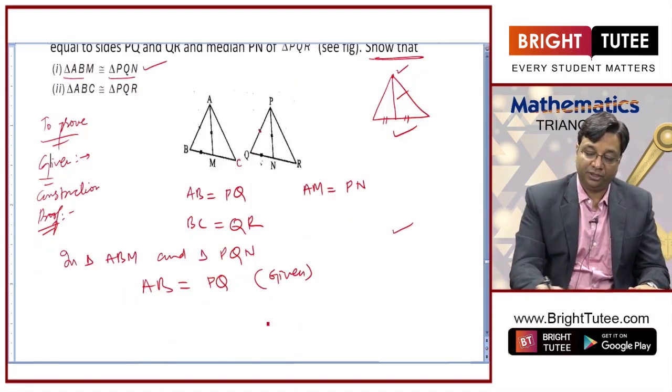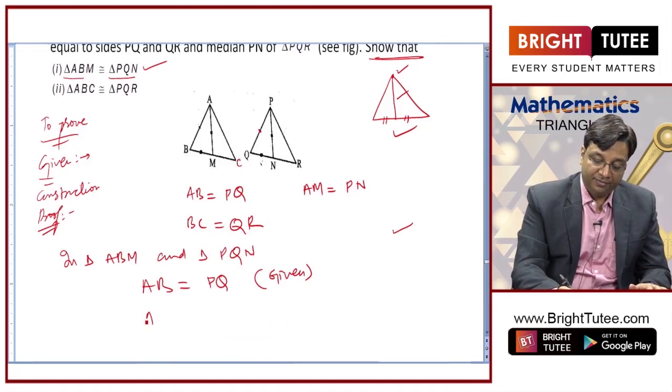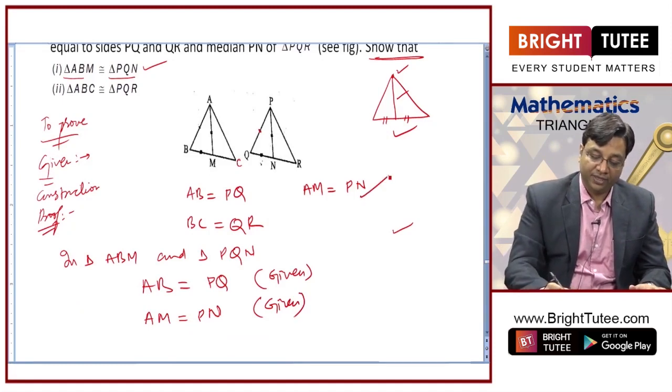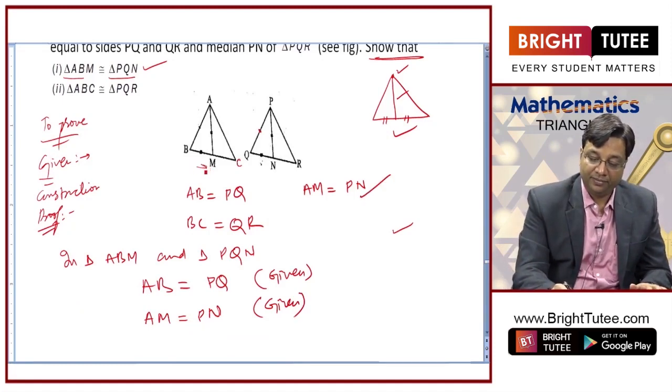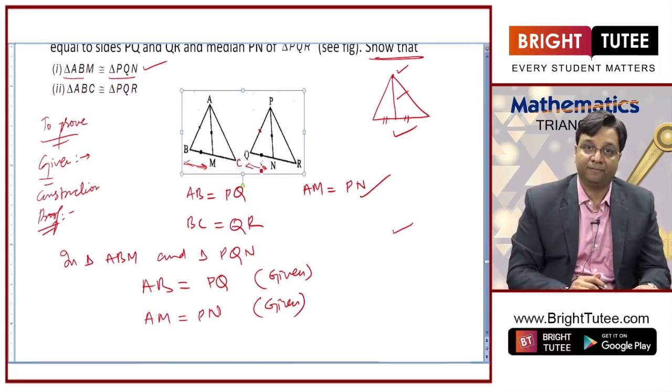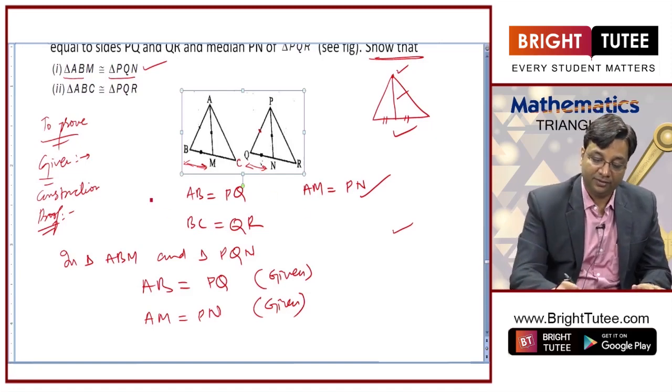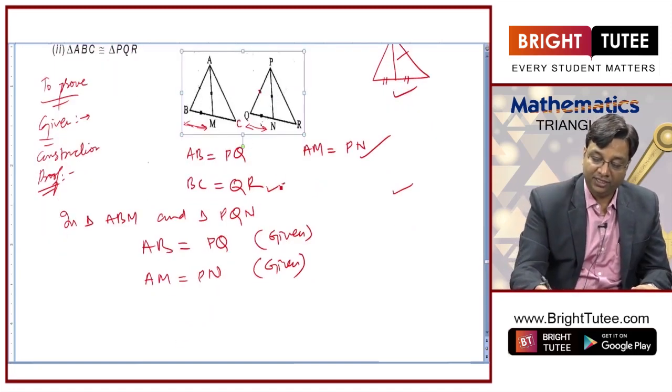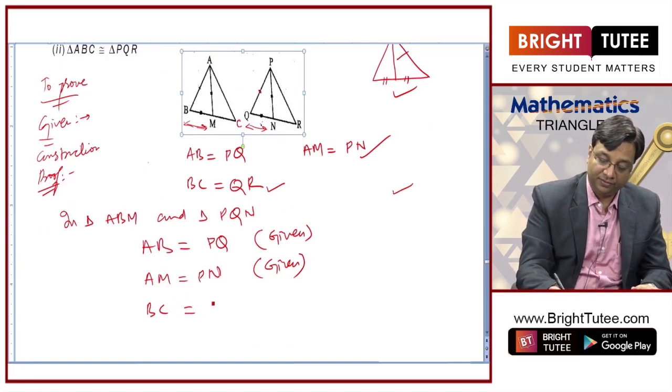So, AB is equal to PQ, it is given, AM is equal to PN, this is also given because these are medians. Now, BM and QN, there is nothing given about these, but BM is half of BC because AM is median, right. So, BC is equal to QR is given.